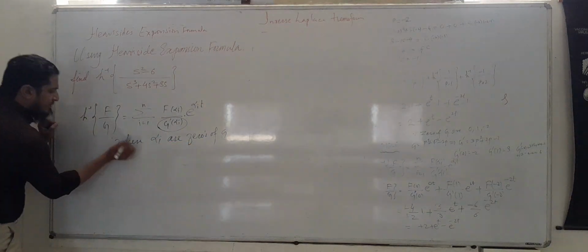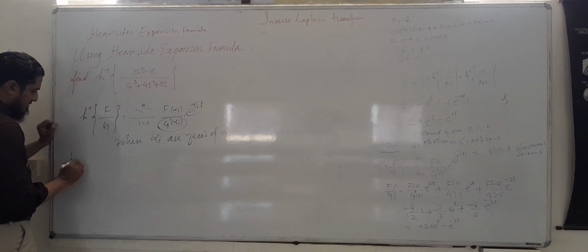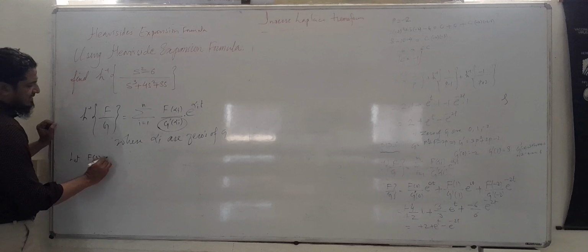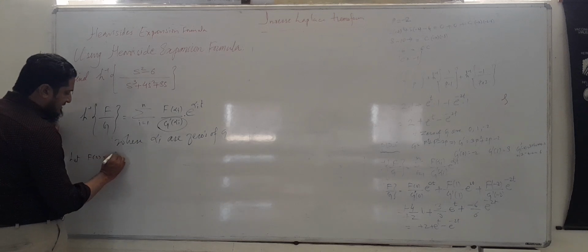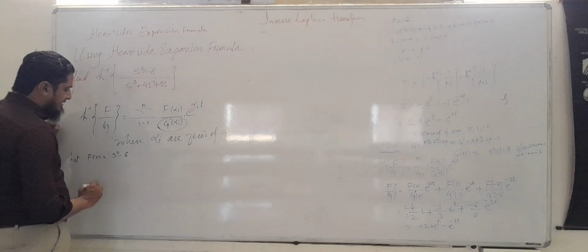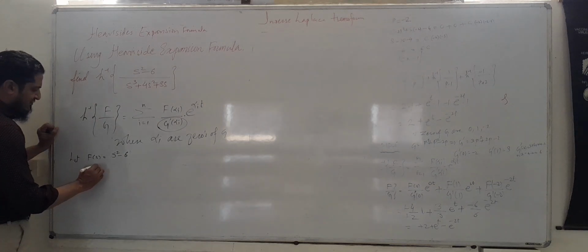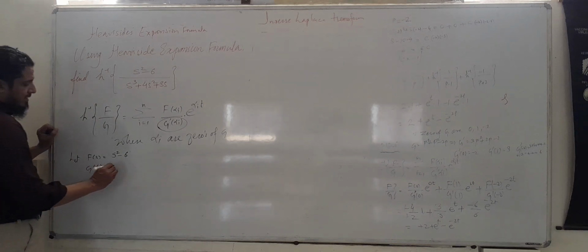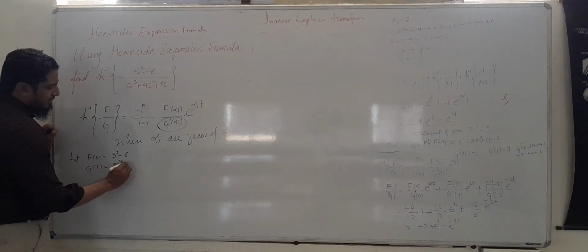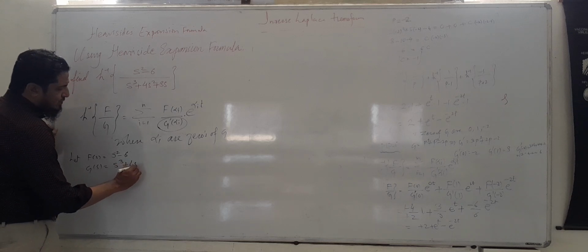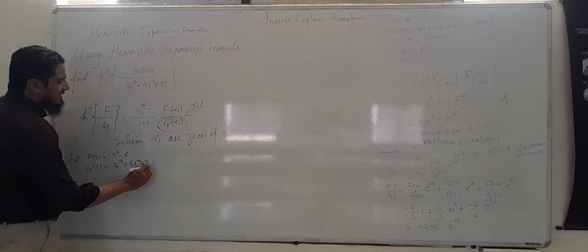So first of all, let f of s equal s square minus 6 and g of s equal s cube plus 4s square plus 3s.